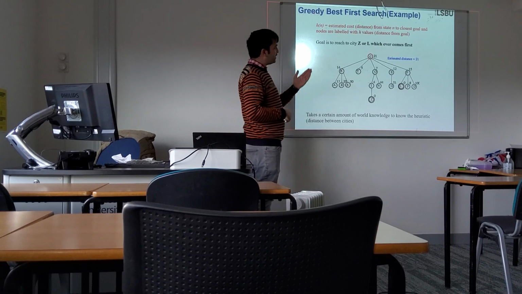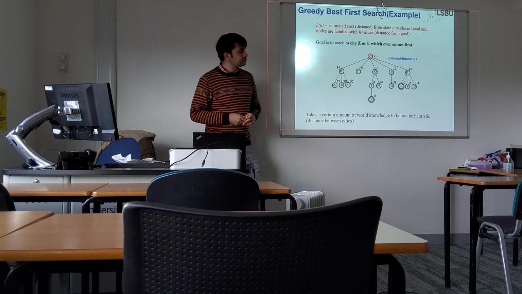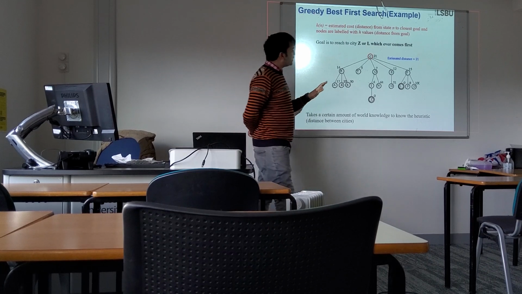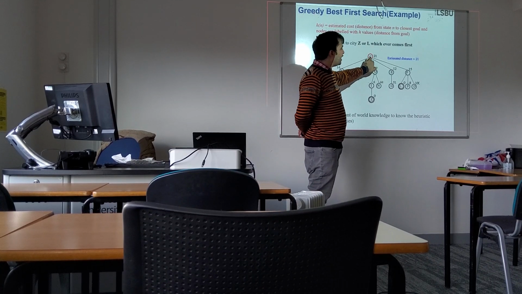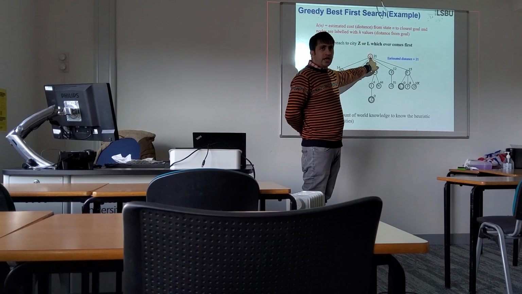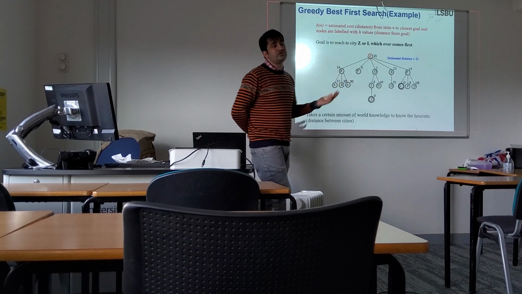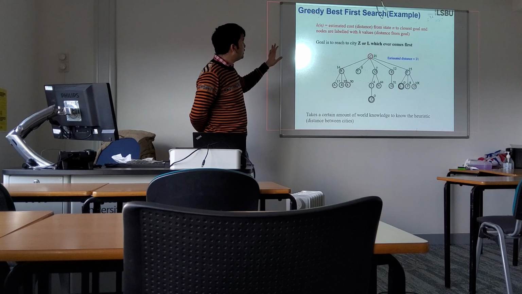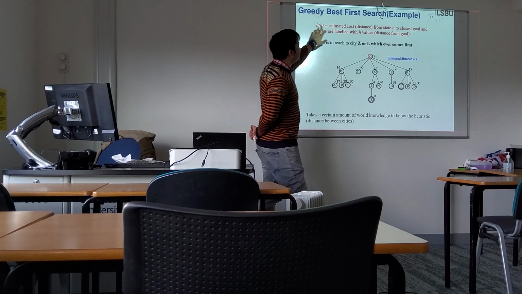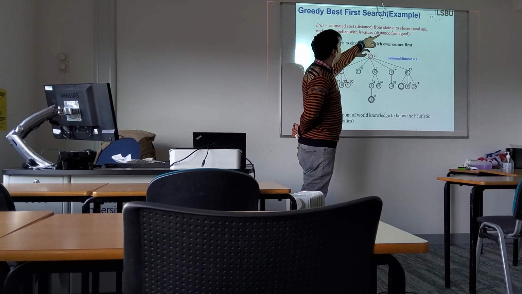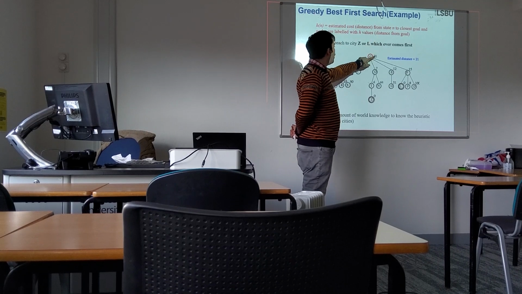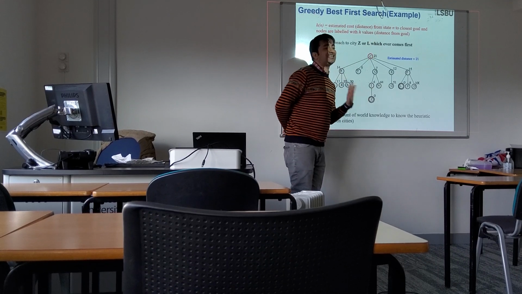But first, let's understand this example. In this case, you can see that we are at the initial point, and we want to reach the goal, and we're going to use greedy best-first search. H, as we said, is the distance between a state and the closest goal, and all these nodes are labeled with the H value.